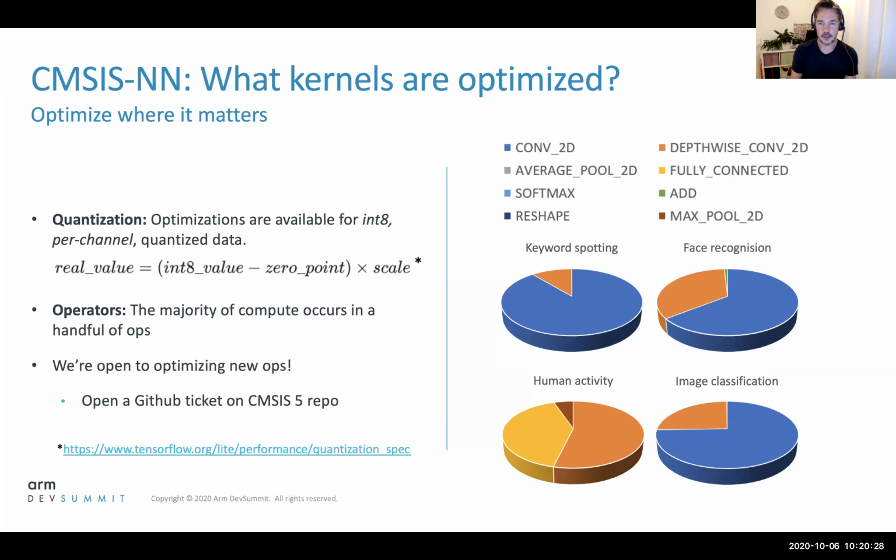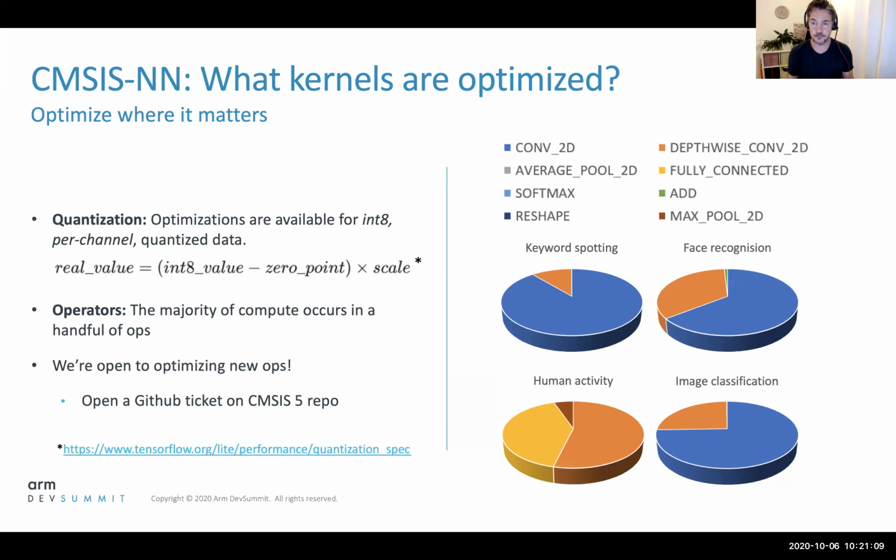If you look at the total amount of compute in these kernels, you will see that the majority of the compute ends up in only a handful of operators. From the pie charts, you can see that conv 2D, depthwise conv, fully connected, and to some extent max pool take a significant amount of compute. So these are the operators that we focused our optimization effort on.